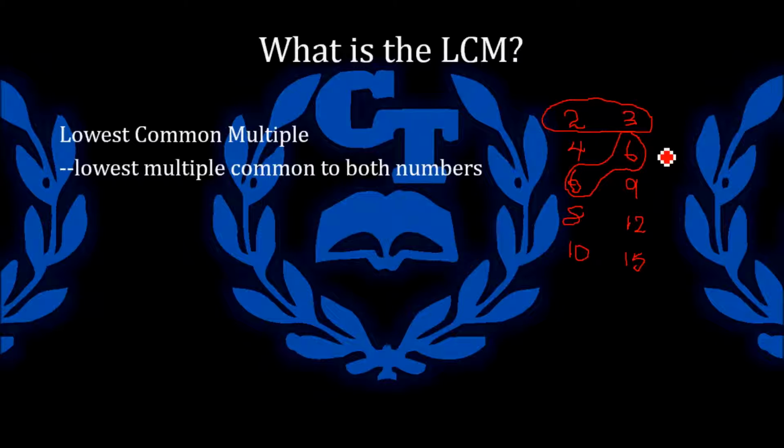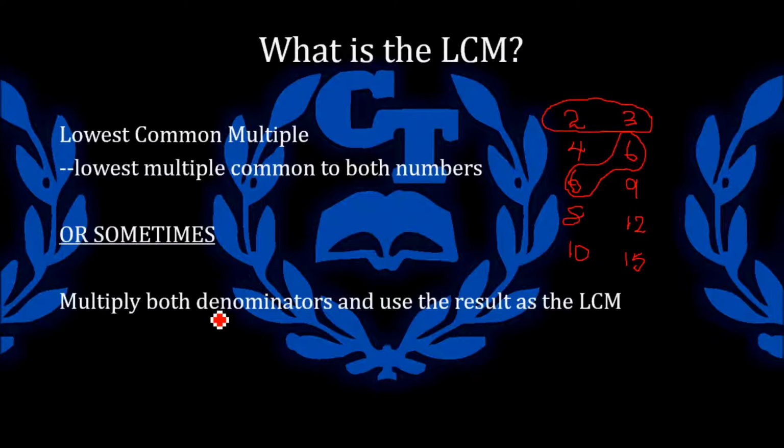Now you may not have only 5 numbers to list when you are trying to find the LCM. It may be more. Sometimes it is just quicker to simply multiply both the denominators and use the result as the LCM. The only side effect of this is that you would have to reduce the fraction in some cases later on.